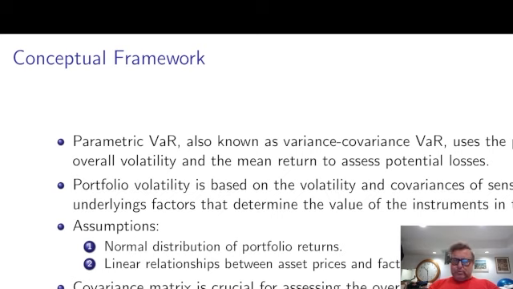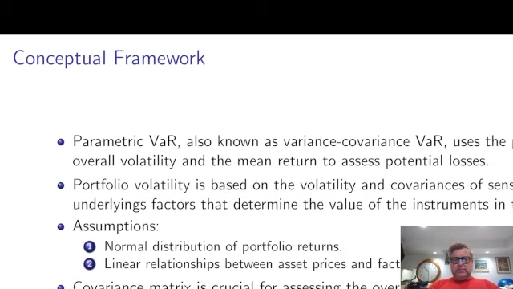There are many assumptions, but two major ones. The first is that the portfolio return has a normal distribution, so the mean and the volatility basically define the portfolio returns. And the second assumption is that there's a linear relationship between the asset prices and the factors.